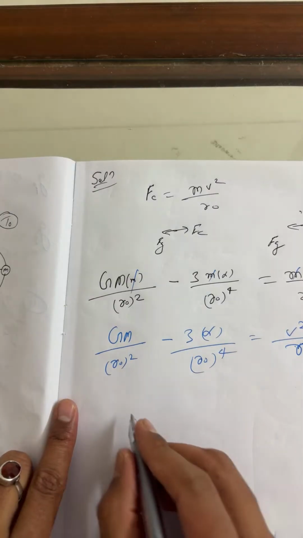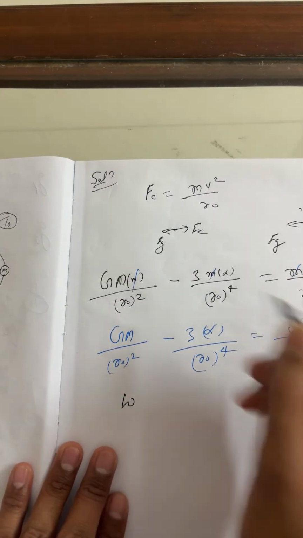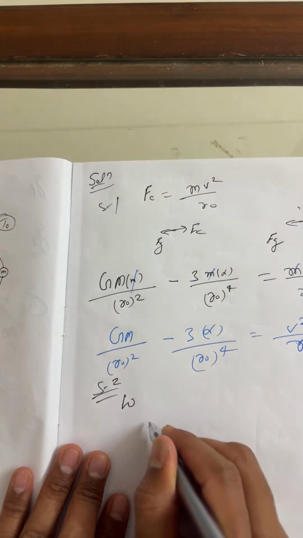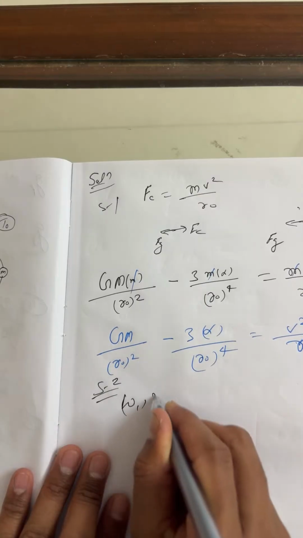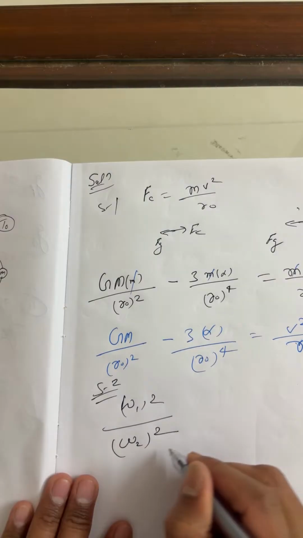Now we can proceed because we wish to find the time period relation. This is step 1, and this is step 2. Omega 1 whole square upon omega 2 whole square.